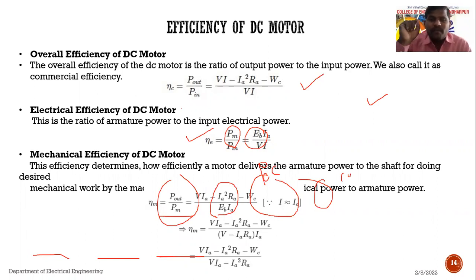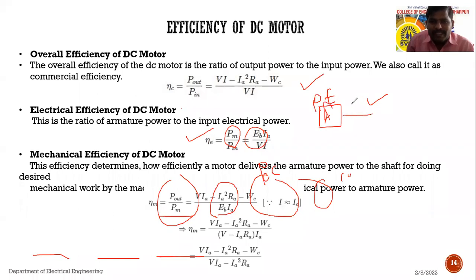See, the overall efficiency of the DC motor is the final output power obtained, divided by the input power. If I draw the power stages here and give names to them, the first power stage, A, is the electrical power, which is the input of the motor, or P in.